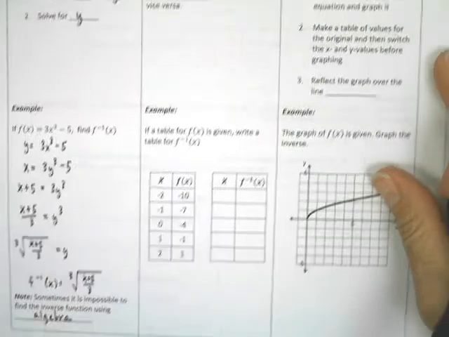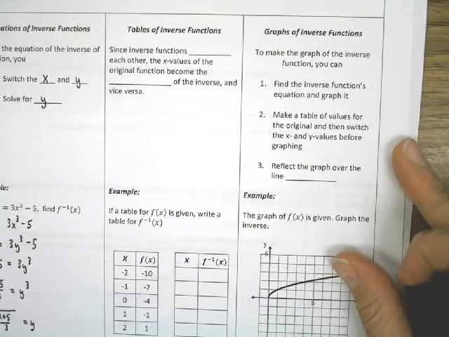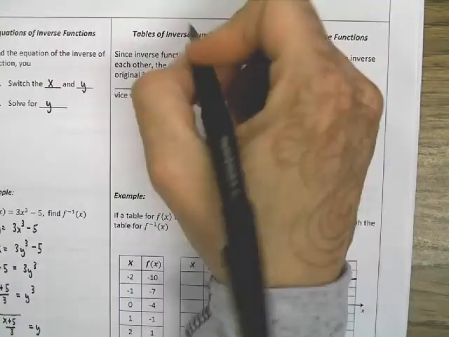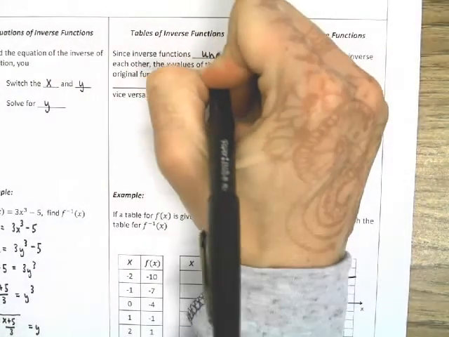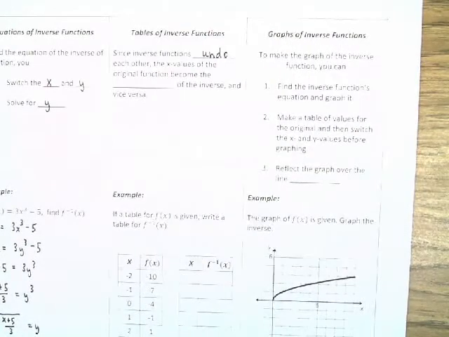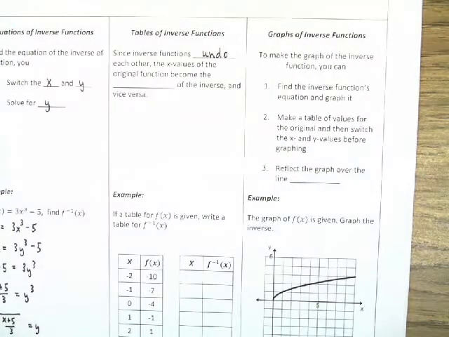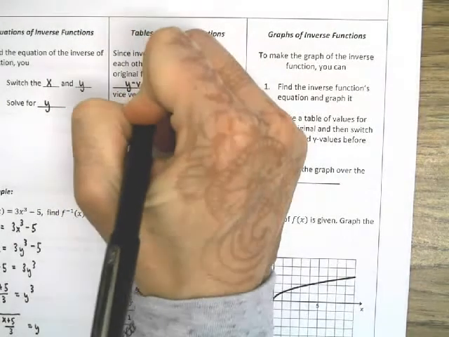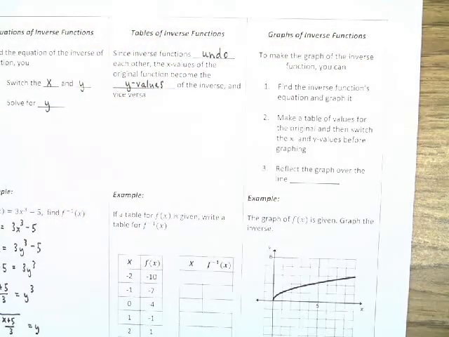The next thing I want to look at is if we have tables. The idea here is that since inverse functions undo each other, the x values of the original function become the y values of the inverse and vice versa.